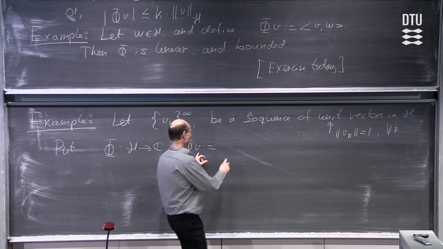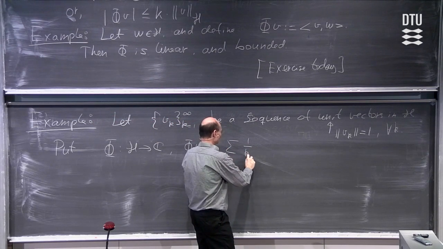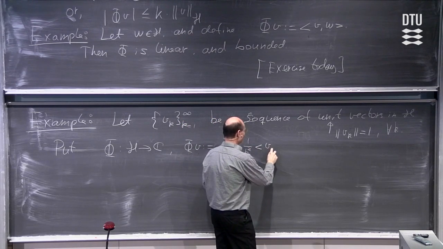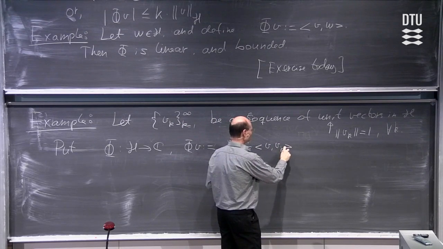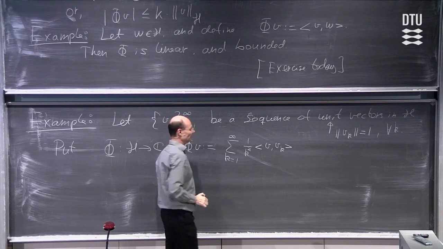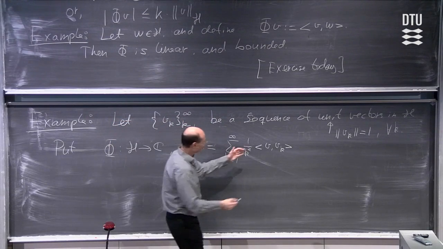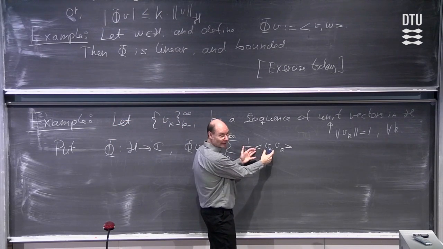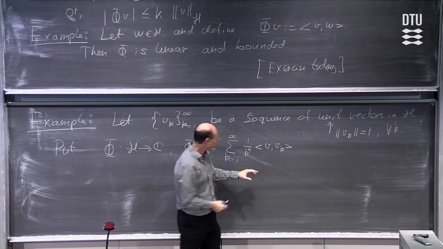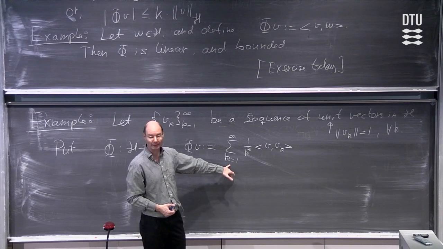And the way I want to define it is to make a sum of the number 1 divided by k to the power 2 times the inner product between v and v_k, and then we make a sum of this from k equal to 1 to infinity. So whenever you give me a vector v, we put it into the inner product and calculate the inner product between v and these given vectors v_k. The number that comes out, we multiply with 1 divided by k to the power 2, and then we make the sum over all k.